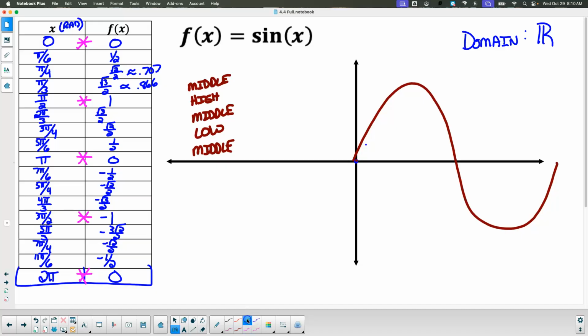You are going to need to then label them. So this would be 0. My high point would be at pi over 2. Back at the middle, we're at pi. My low point would be 3 pi over 2, and my end would be at 2 pi.